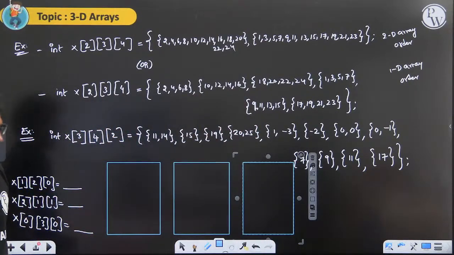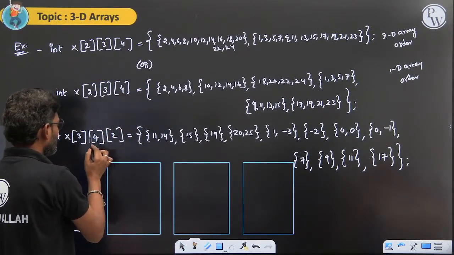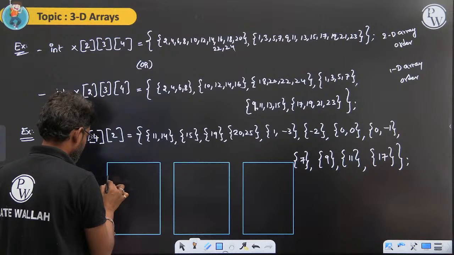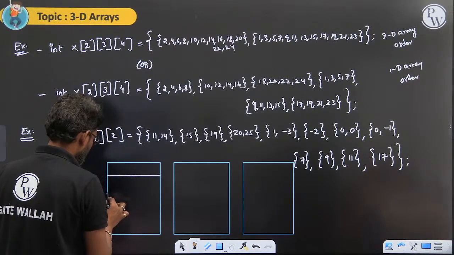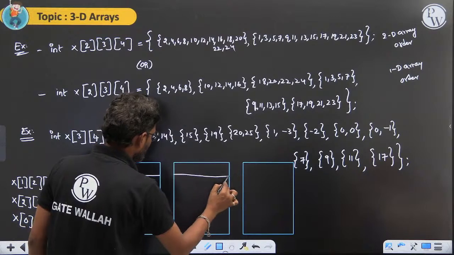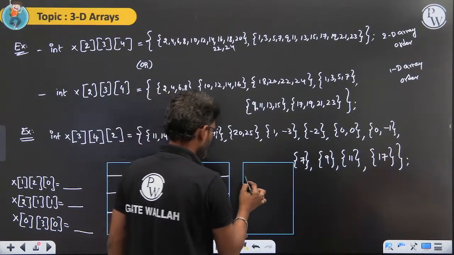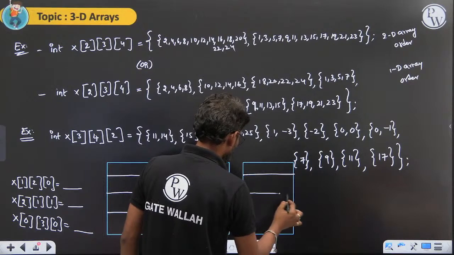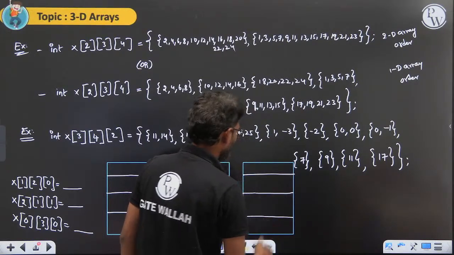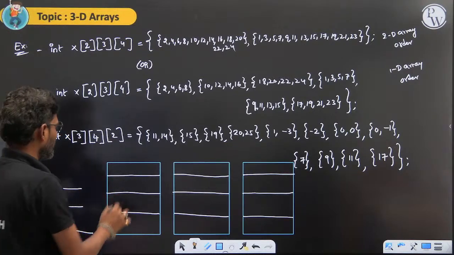Three 2D arrays I have taken. In every 2D array there are 4 rows, 1, 2, 3, 4. 1, 2, 3, 4. 1, 2, 3, 4. And in every row there are 2 elements.